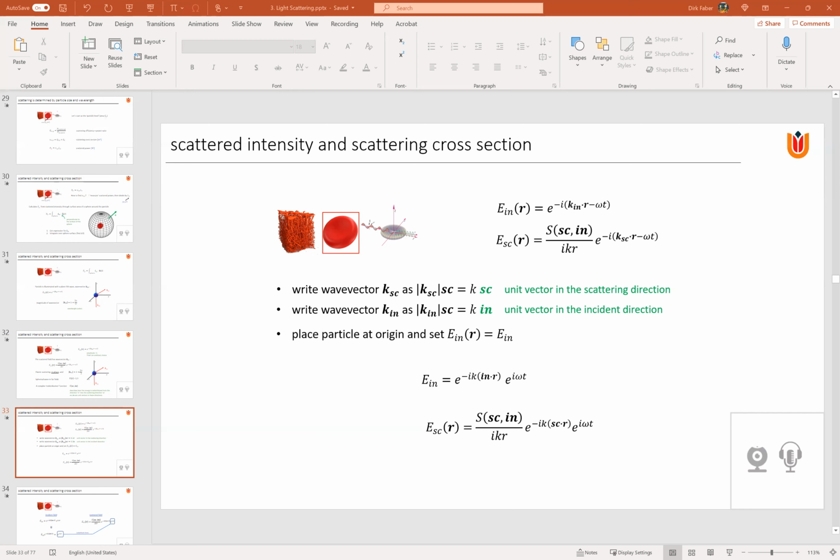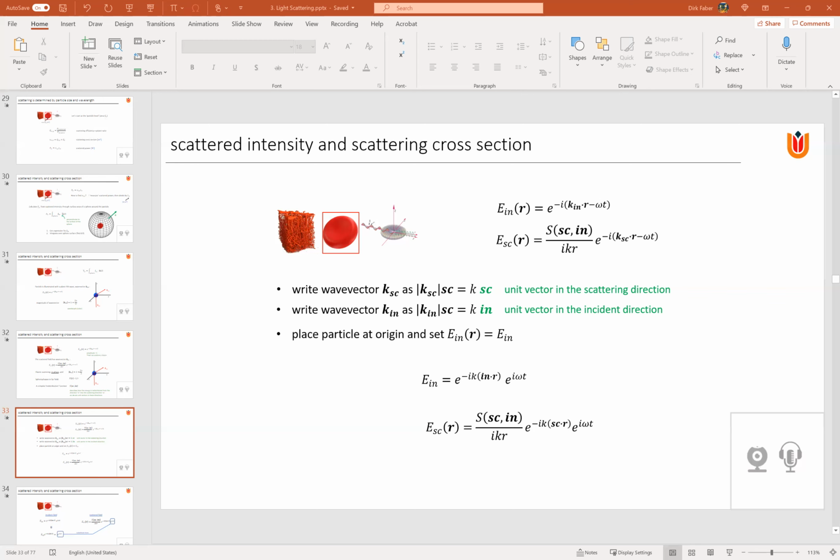So first, the incident intensity, so that's the top equation, has now no r dependency anymore. That is not entirely obvious from that argument I see now, but okay. That becomes a complex exponential that depends on the spatial coordinate and on the temporal coordinate. So we can split that.